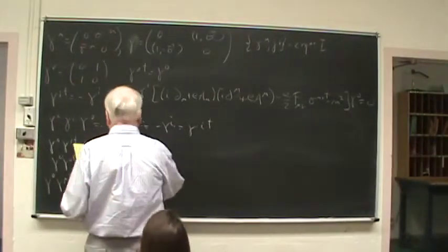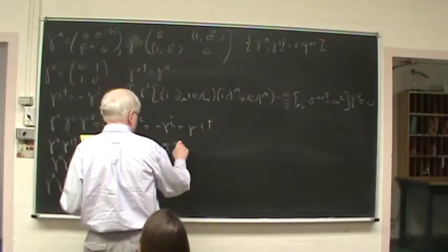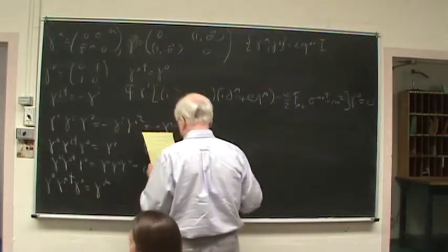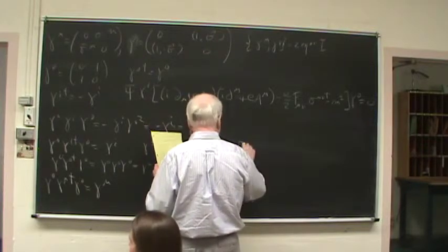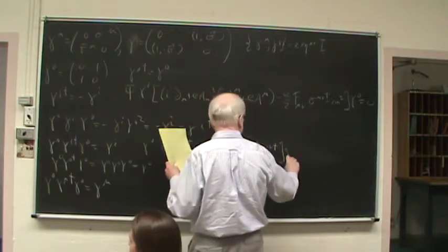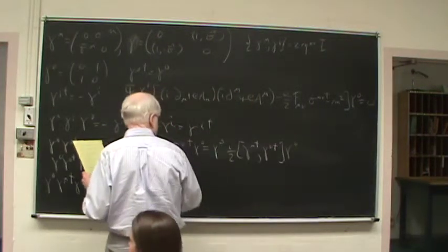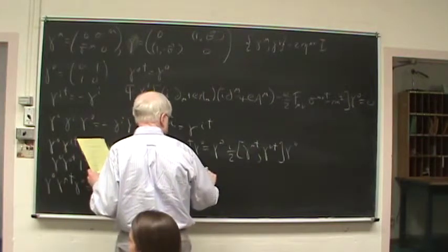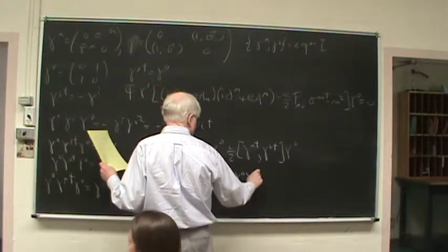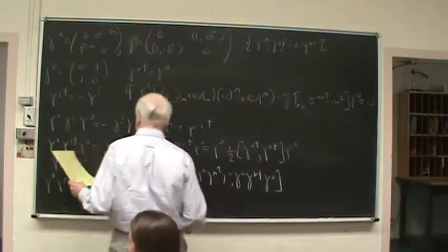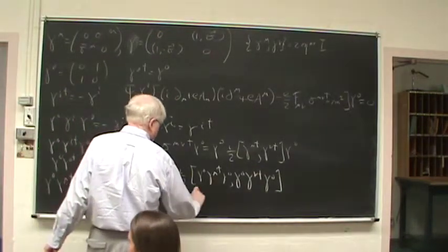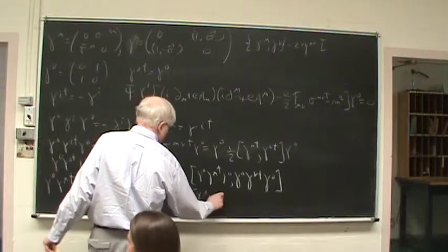Now, let's see what gamma 0 sigma mu nu adjoint gamma 0 is. Well, this is gamma 0, I over 2 gamma mu adjoint, gamma nu adjoint, gamma 0, and this then is I over 2 gamma 0, gamma mu adjoint, gamma 0, gamma 0, gamma nu adjoint, gamma 0. And then, using this relation, we see this is just simply I over 2 gamma mu, gamma nu.